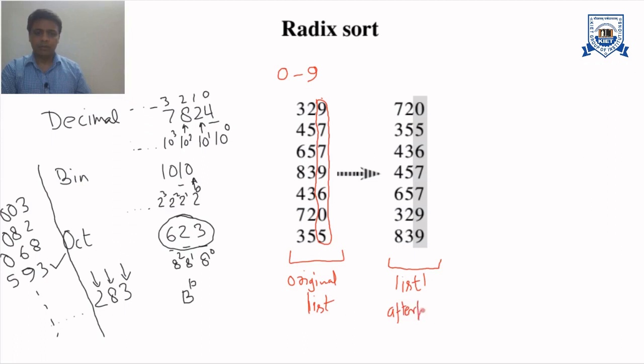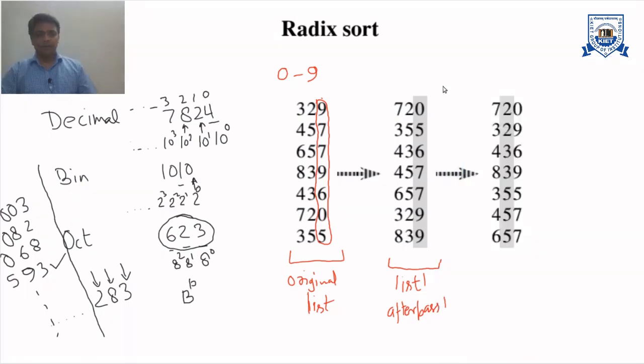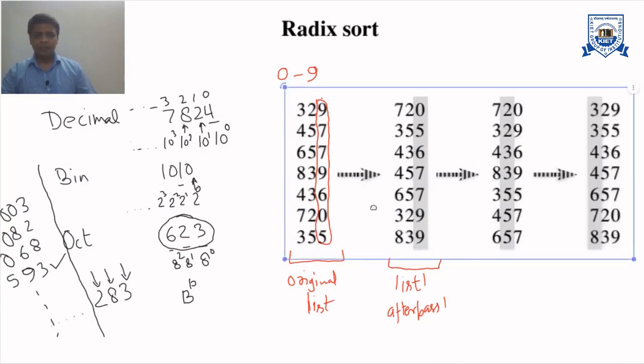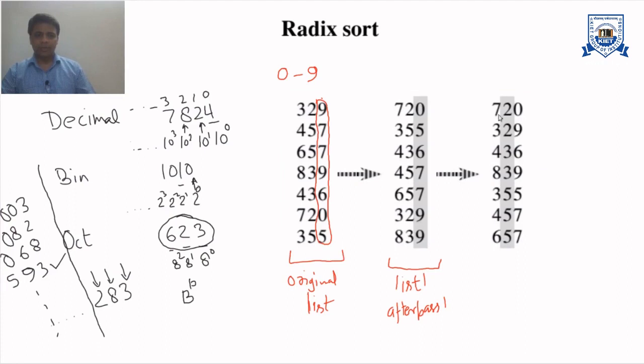After pass 1, for the next scenario we would consider the digits at the second place, and we perform sorting on this list on the basis of the tens digit. After performing the sorting on the basis of the tens place digit, we get list 2.